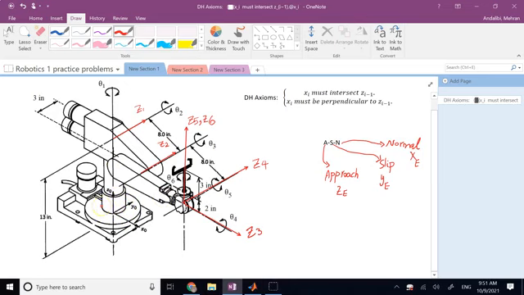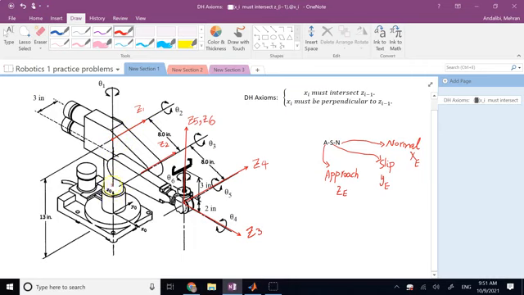Now it is time to go look at x1. x1 has to be perpendicular to z0 and intersecting it. Now, when we determine the x's, we always look at the situation between previous z and the current z. So z0 and z1, if you look at them, they are perpendicular to each other and intersecting already at this point. So the intersection point is going to be origin of frame 1.